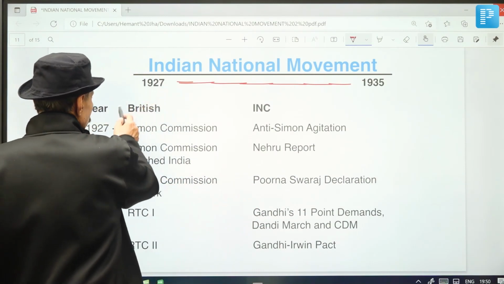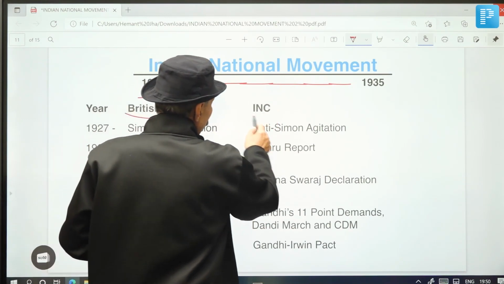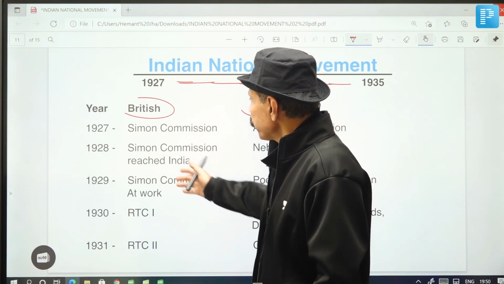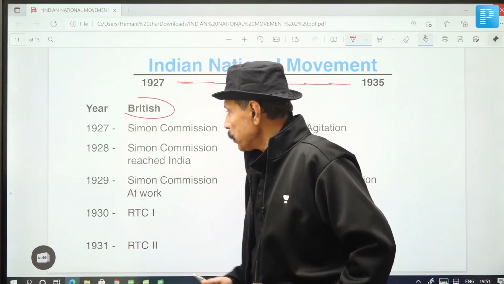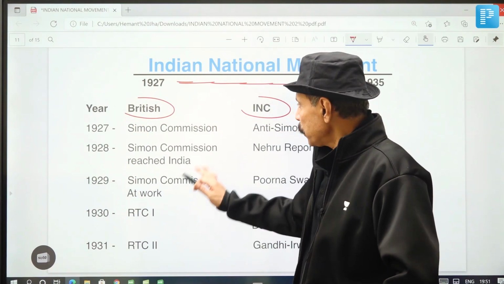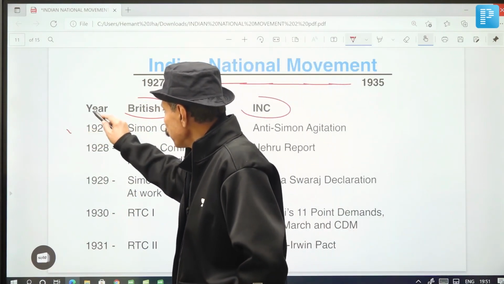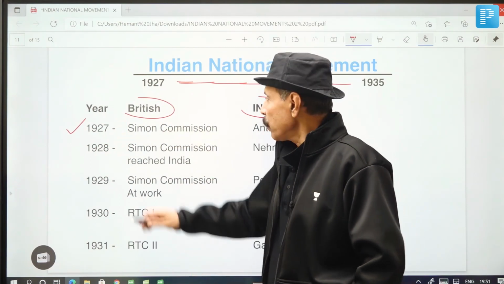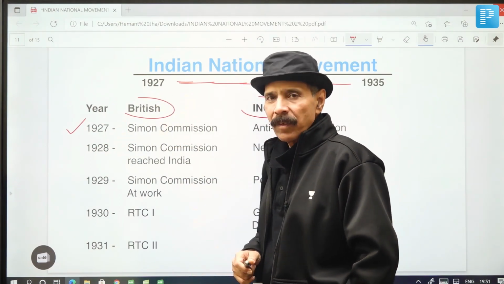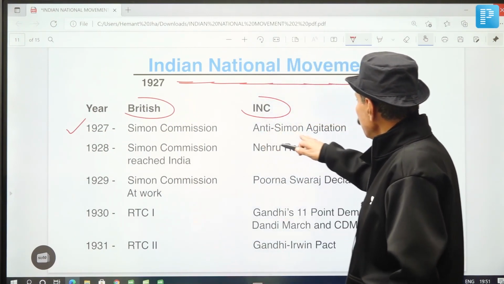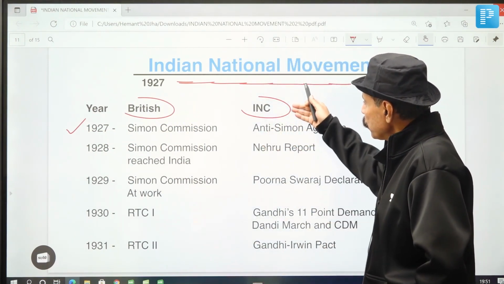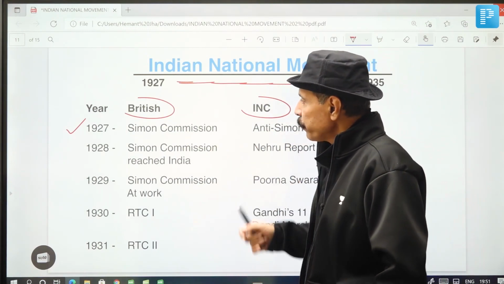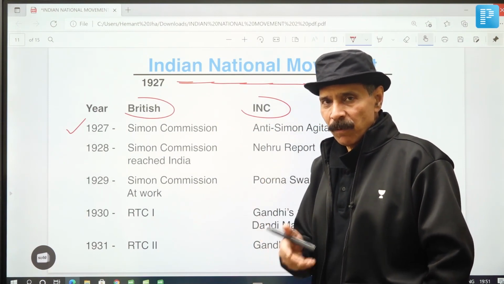One aspect is the British, one aspect is Indian National Congress. Both are presented separately with their respective years. So first here you find is 1927. Simon Commission was announced. This is under British. And then you find anti-Simon agitation that was under INC. Similarly, all the points are there. So let's consider this one by one.